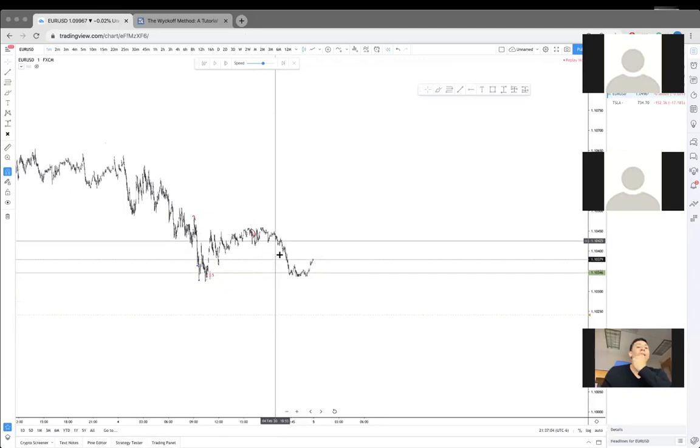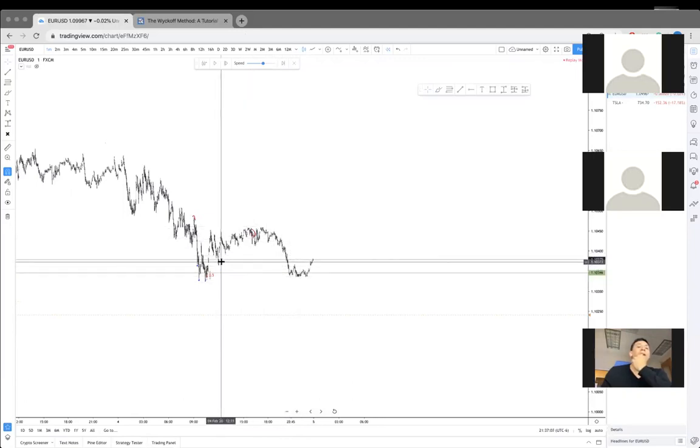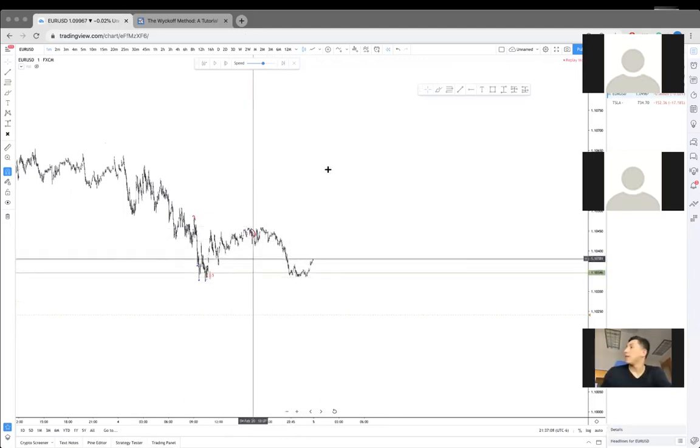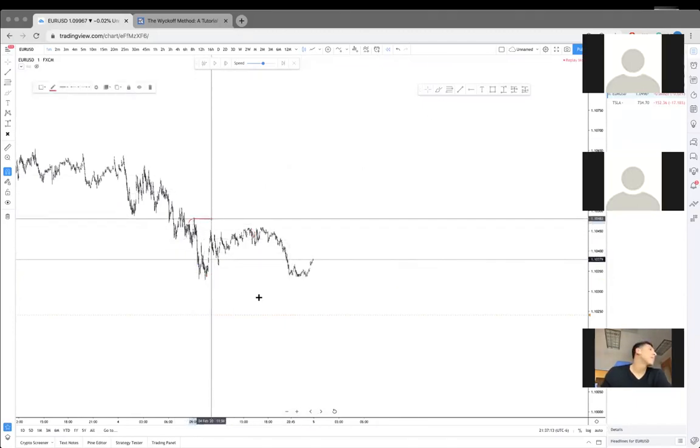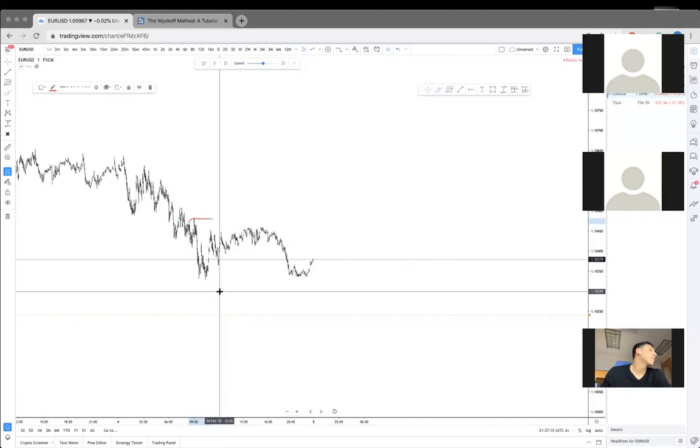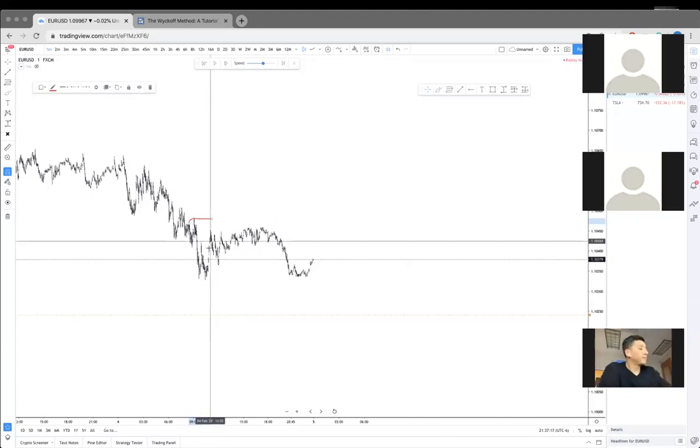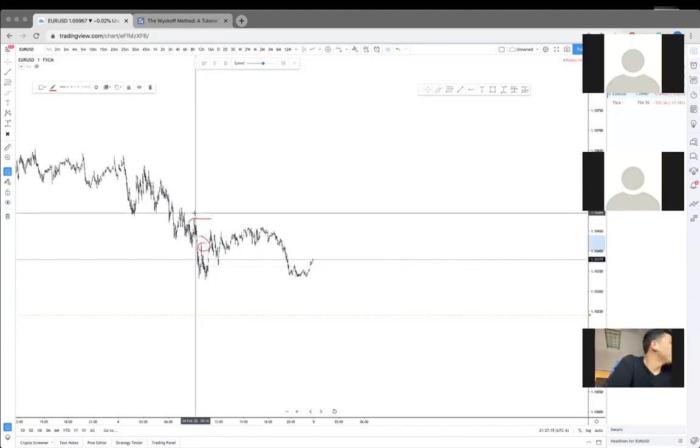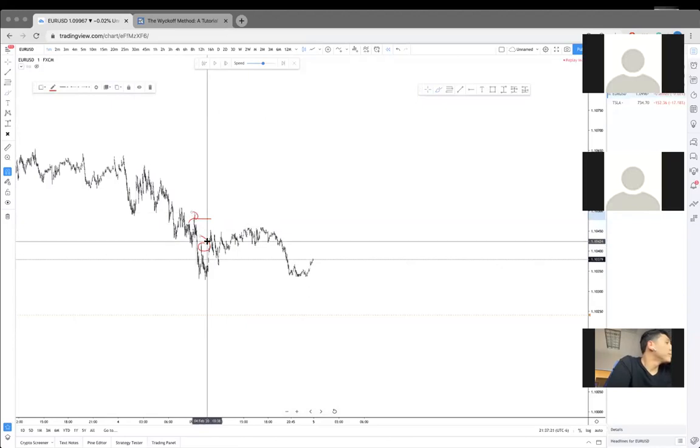All this right here before it showed you that it failed, because like I said, it failed to break that previous high. I would have considered this a high because I consider it more of a major high, if that makes sense.